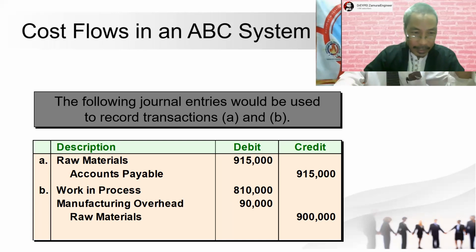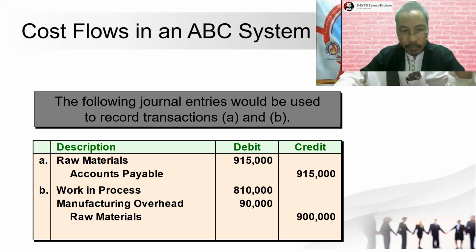And letter B, work in process. Meaning the raw material is now being used in making the product. For example, what product? CD, DVD, cell phone.